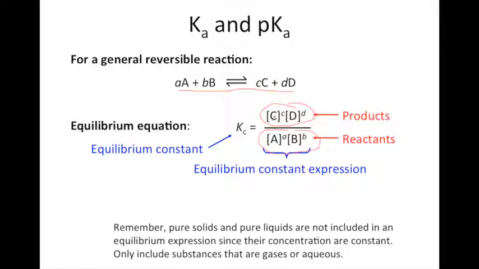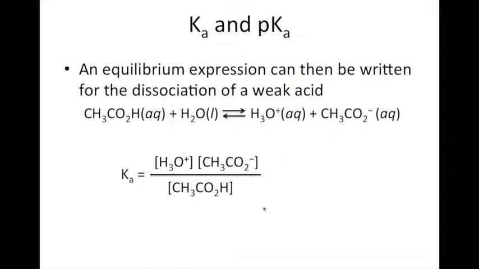So we could do the same thing for acids and bases. When we have an acid dissociating in water, and it reaches equilibrium, we can write an equilibrium constant expression. However, instead of Kc, because it's an acid, we call that Ka.